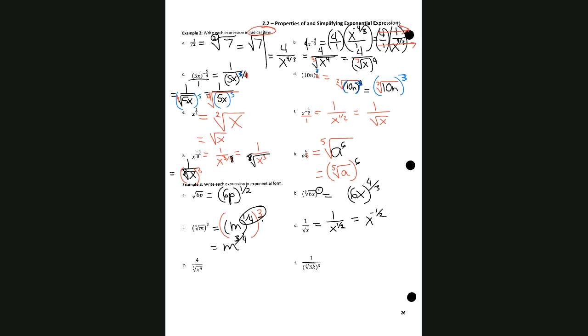Now the last two. The first will be 4 over, and in this case we have x to the power 4/5. And that is because the index is a 5, we're talking about the 5th root.